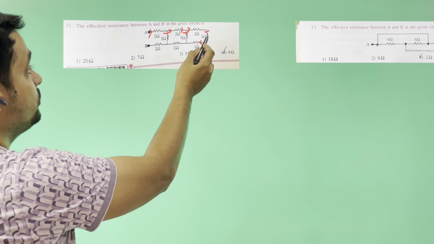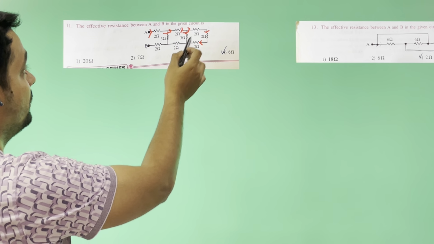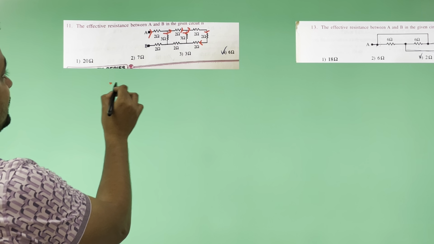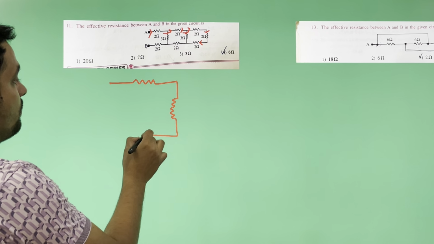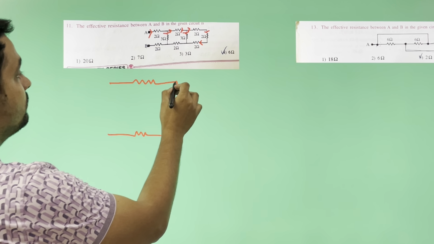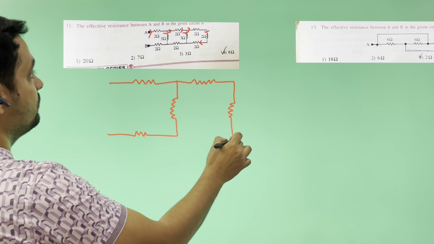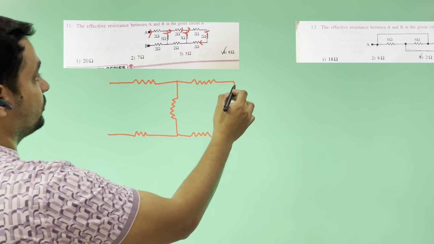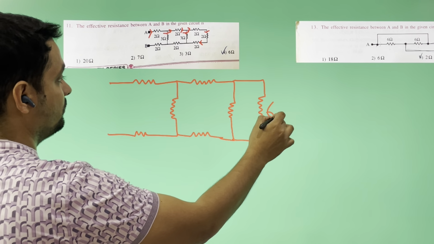So 2 ohm, 2 ohm, 2 ohm will be in series, which gives 6 ohm. I will redraw this: 2 ohm, 3 ohm, 2 ohm, again 2 ohm, 3 ohm, 2 ohm, then the 2, 2, 2 becomes 6 ohm, and this will be parallel to this resistance, the 6 ohm.